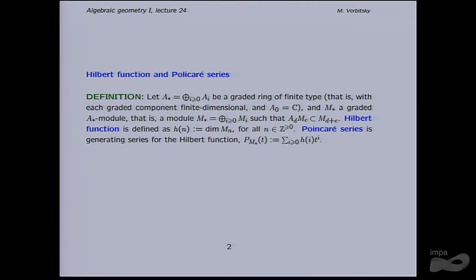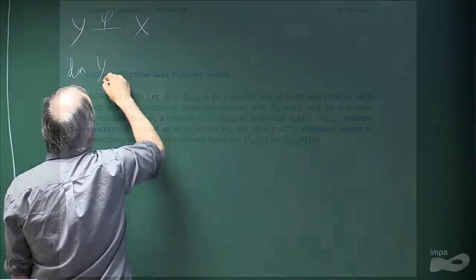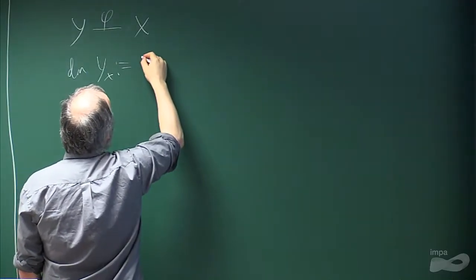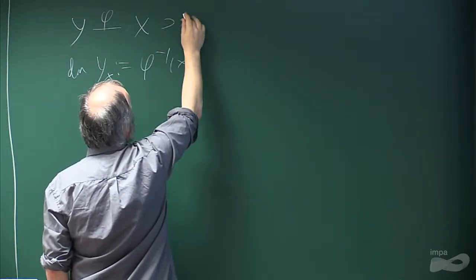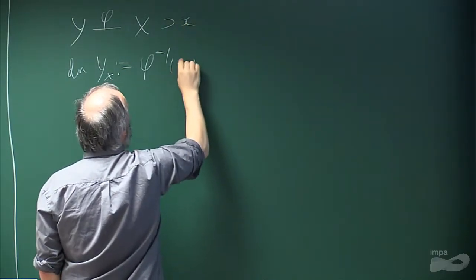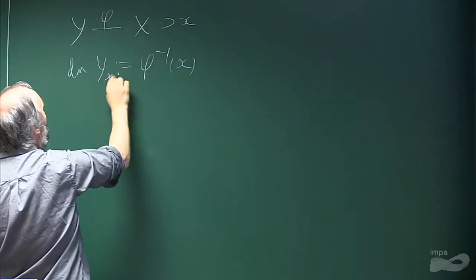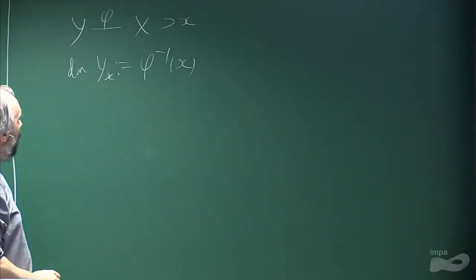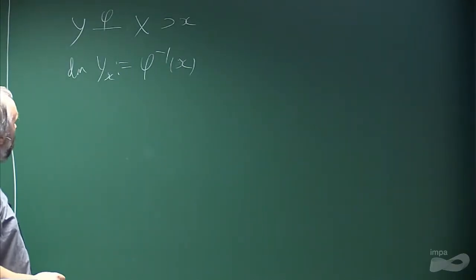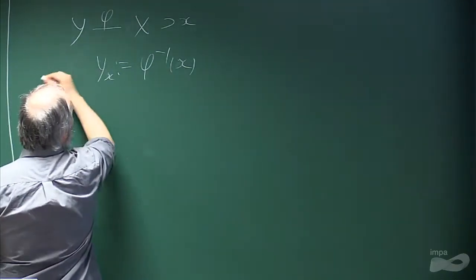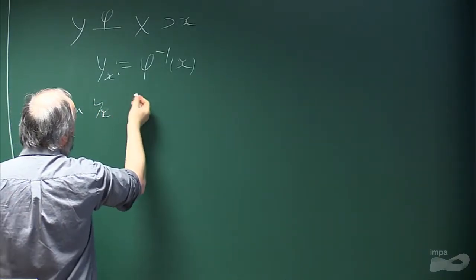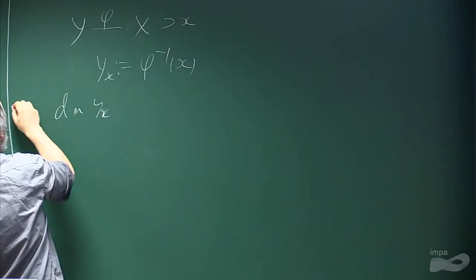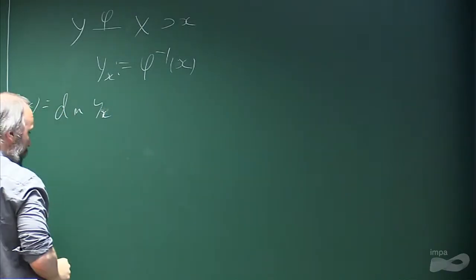The dimension of Y_x, which is by definition phi minus 1 of x, where x is a point in this big X. This is a function on X. Sorry, we take the dimension of Y_x as a function of x. F of x is the dimension of Y_x.